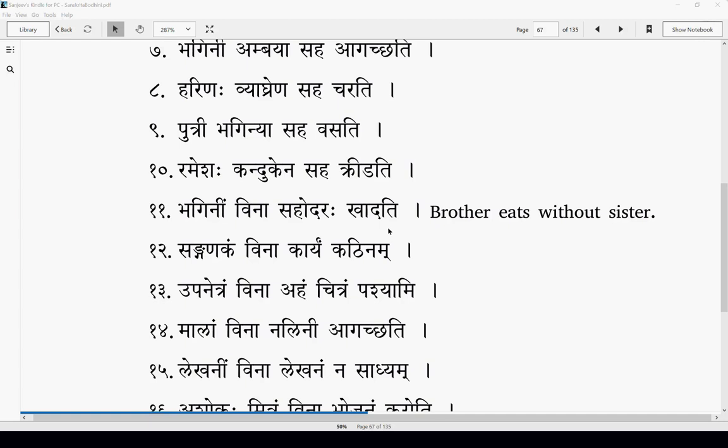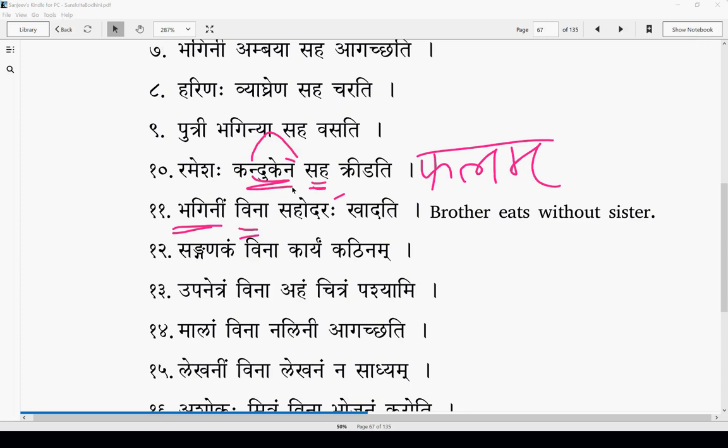What something is not specified here; we can put Phalam Khadati or whatever. Bhaginim Vina Sahodara Phalam Khadati. Now this Dvitiya Vibhakti is coming here just because Vina is there. Just like when Saha is there, the word associated with Saha has to be put in Tritiya.